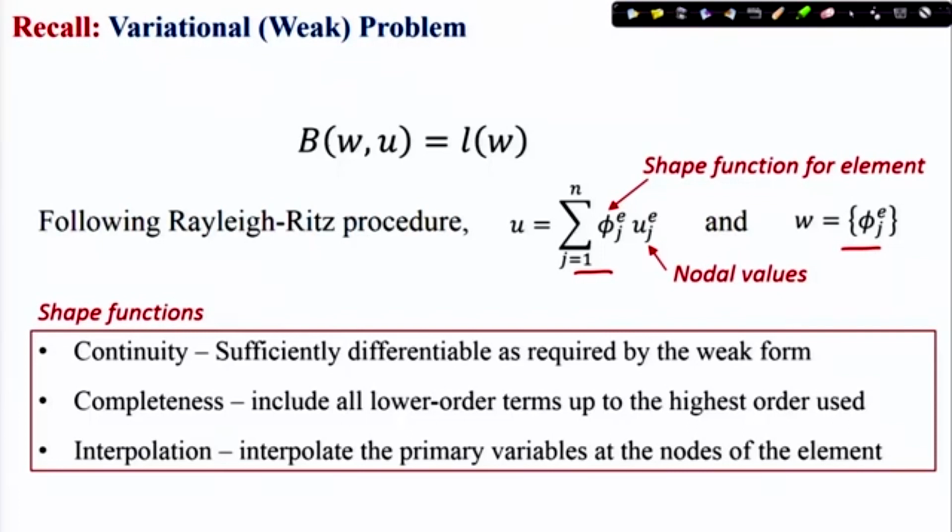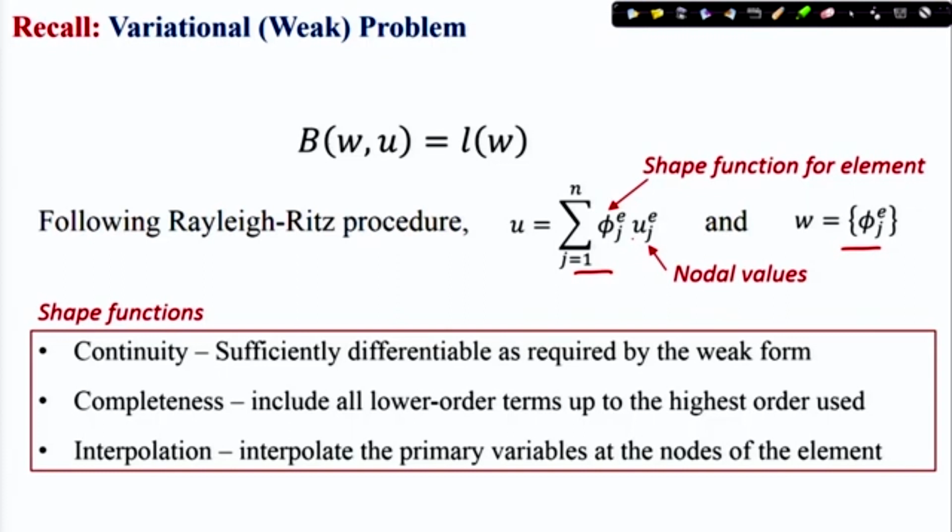Okay. Then another criterion is interpolation. Interpolation means to interpolate the primary variable. Suppose u is our primary variable, then the shape function must interpolate u. This gives you an approximation.